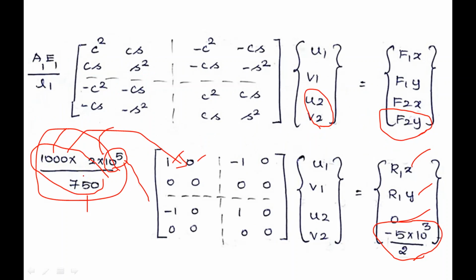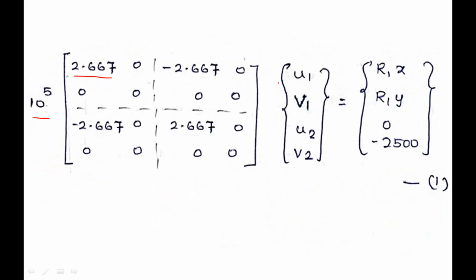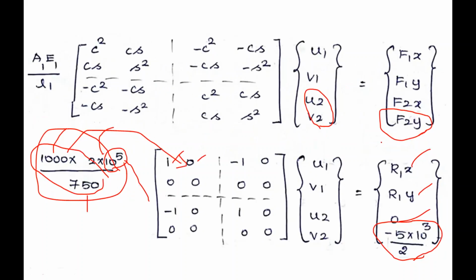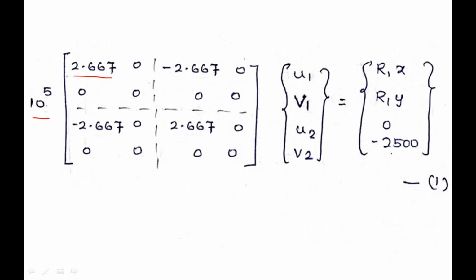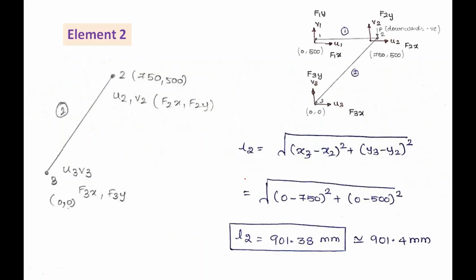On the right hand side we have R1x, R1y, 0, and minus 5 into 10 power 3 by 2, which is minus 2500. This is the element characteristic equation for element 1. Now we have to derive the element characteristic equation for the second element.